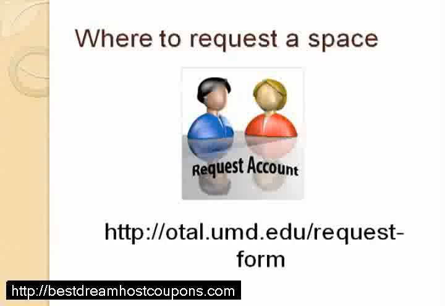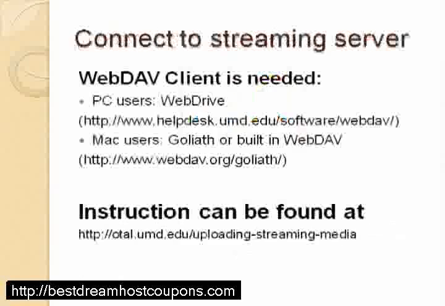If you decide to use streaming media, you will need to go to this website to fill in a form and then request a space on the streaming server. Once you submit your request, we are going to create a space on the streaming server for you. And then next, you will need software to connect to the streaming server.